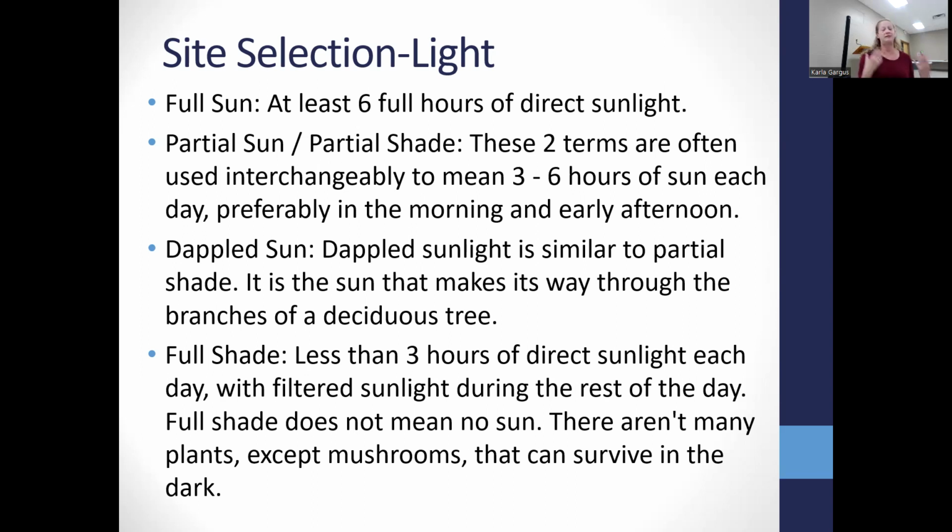So that's just kind of how we learn our plants and where they go. But yeah, full shade means essentially no sun. And there's not very many plants except for mushrooms that will survive and grow in the dark. But mushrooms can be really cool too. But they are in process of decay, so something's going on there.